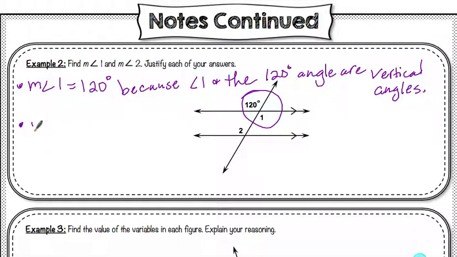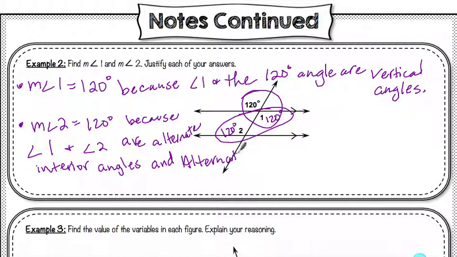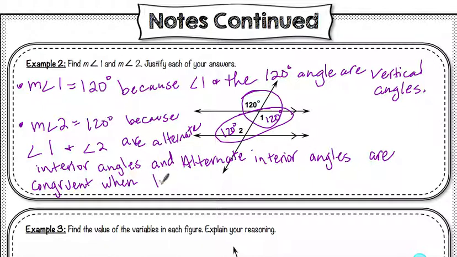And the other answer is the measure of angle 2 equals 120 degrees, because angle 1 and angle 2 are alternate interior angles, and alternate interior angles are congruent when lines are parallel.